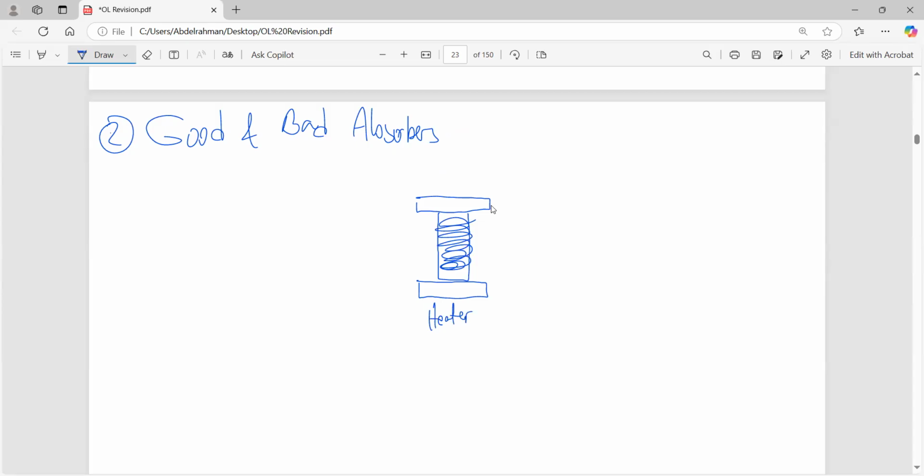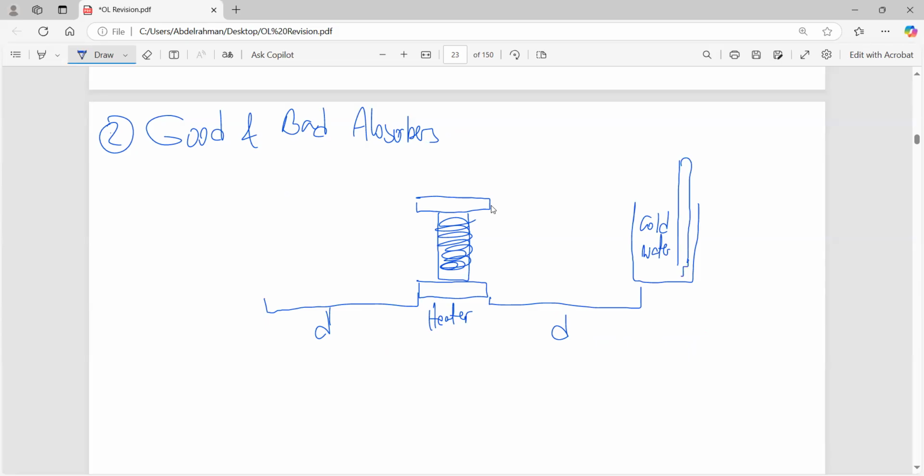Again, we leave equal distances on each side. You have to leave equal distances. This is an experiment. You have to make sure that the controlled variables are the same. Right? And on this side I would have a beaker with cold water this time, and a thermometer inside it.